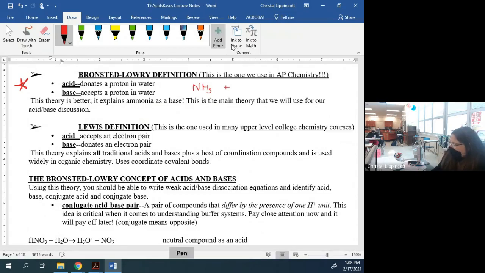Okay, so over here, that would be an NH4 plus. And then that would be H2O on this side, and over here it would be H3O plus.